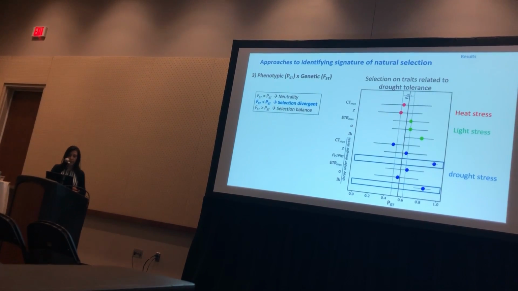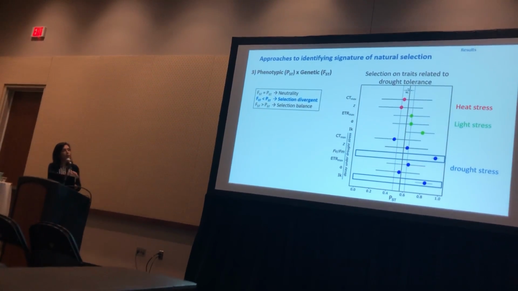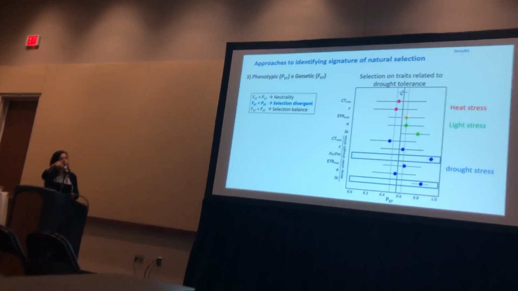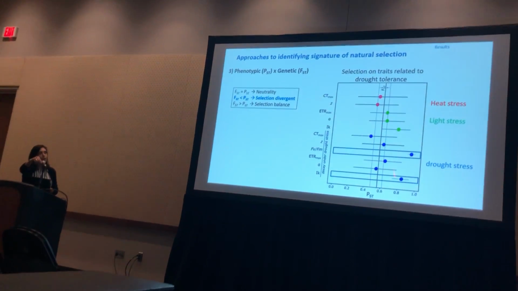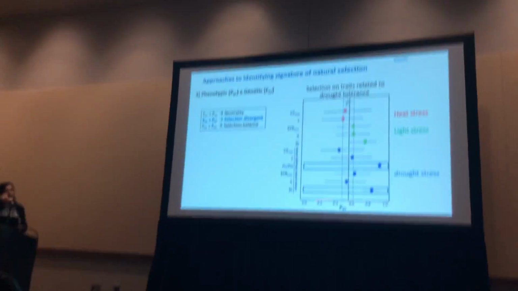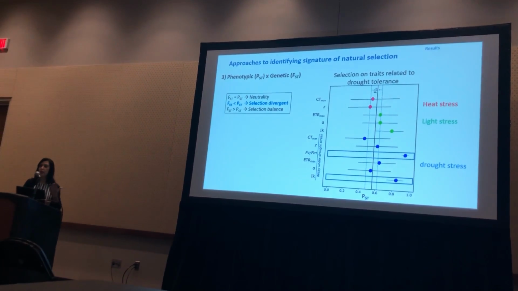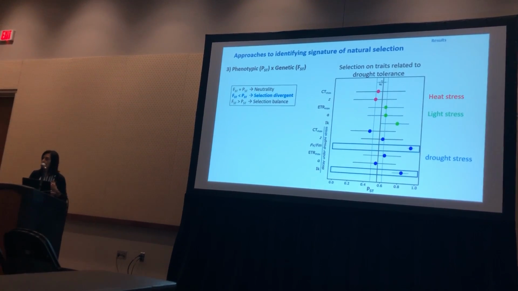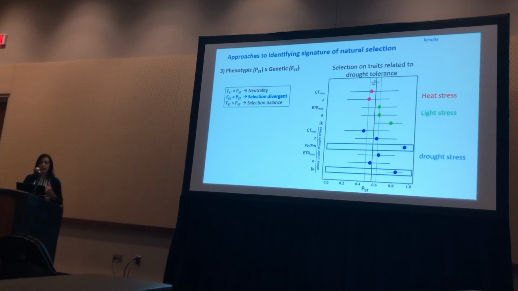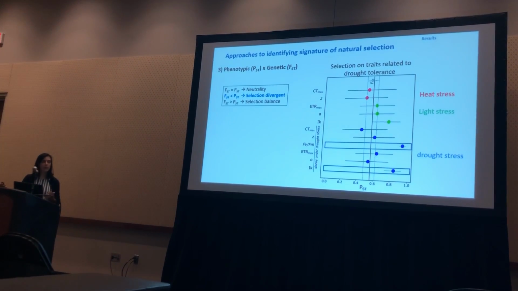And here is the result in this panel, showing the 11 ecophysiological traits, with the FST here and the PST here. What we can see is that most of these 11 traits were neither significantly higher nor lower than the FST, showing that neutrality is probably driving the evolution of those traits.